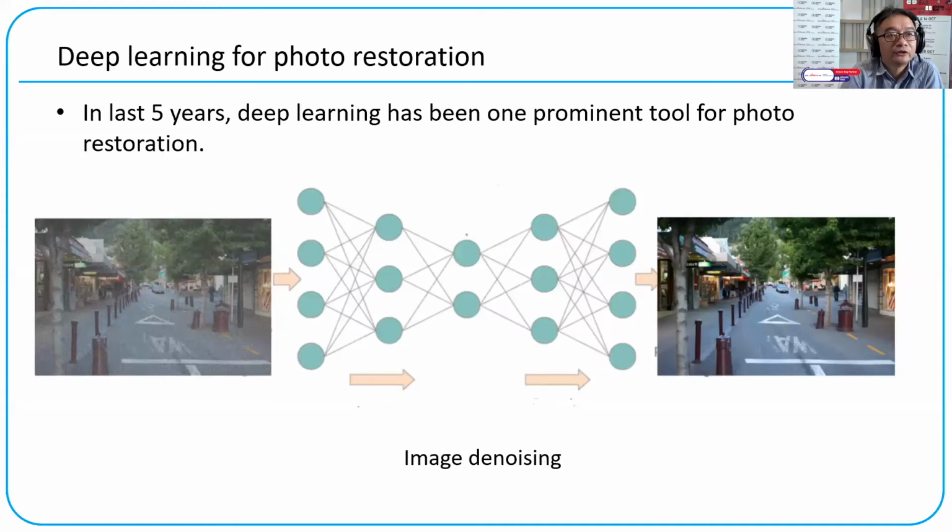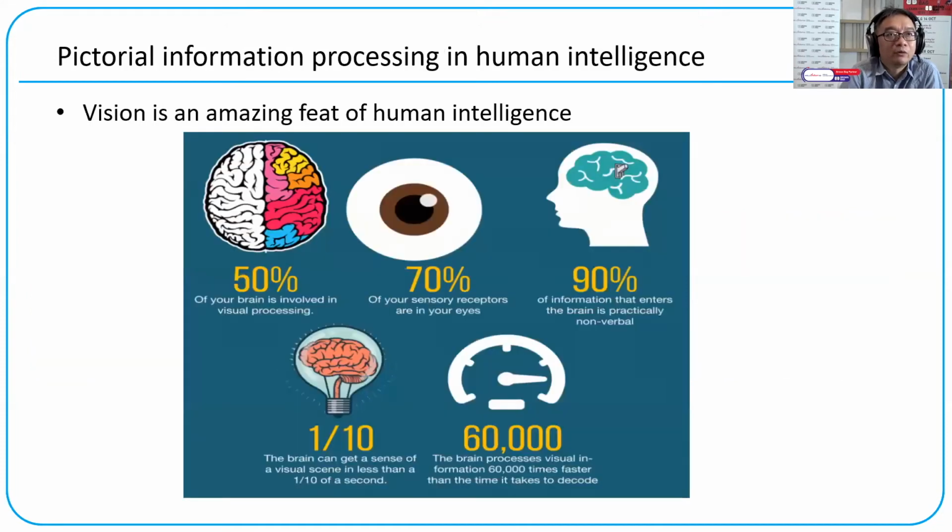Here I show you a diagram: suppose I have a noisy image as input, I pass it through a neural network, which will give you a good one. Why image processing and image restoration are closely related to deep learning is actually not surprising.